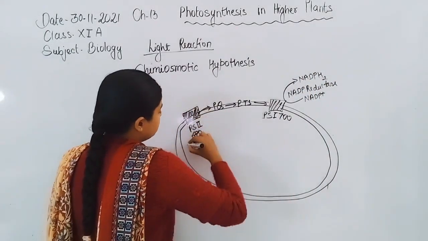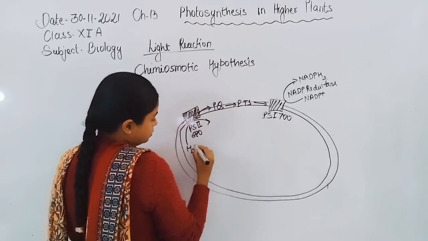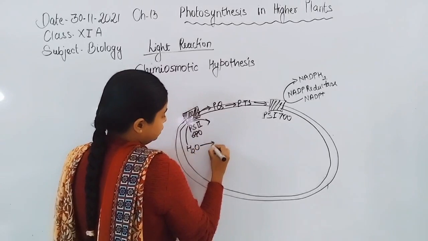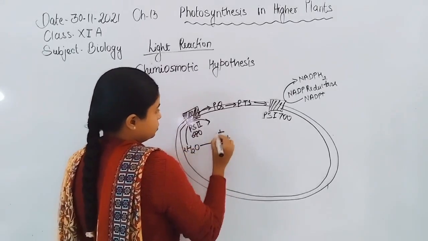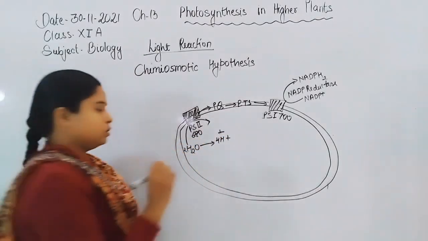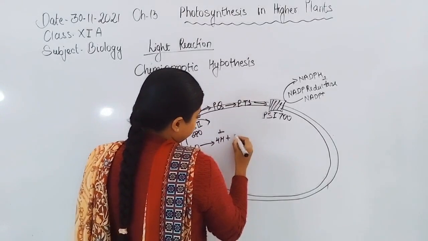Here from photosystem II, there is always splitting of water, and 4 protons are always released during the splitting of water, or during evolution of the oxygen molecule.